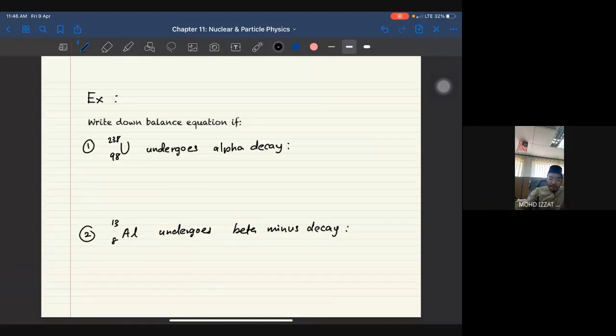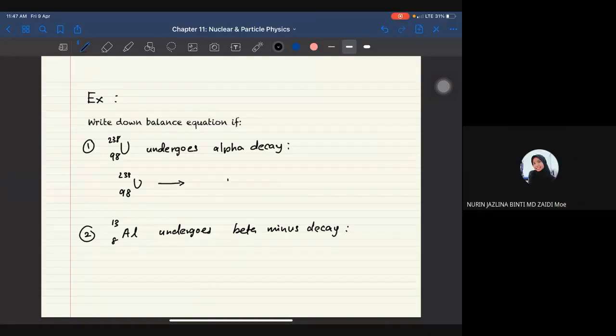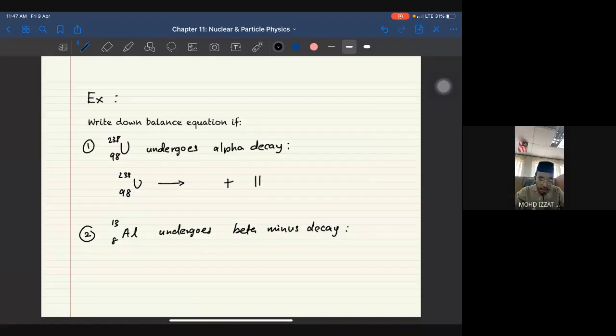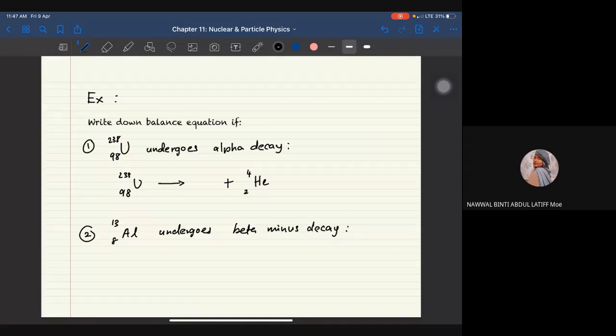Okay, so asalnya this one is 238 92. Okay, so dia akan produce apa? Kalau alpha decay, kamu pakai simbol apa? Helium. Nombor dia? 4, 2.